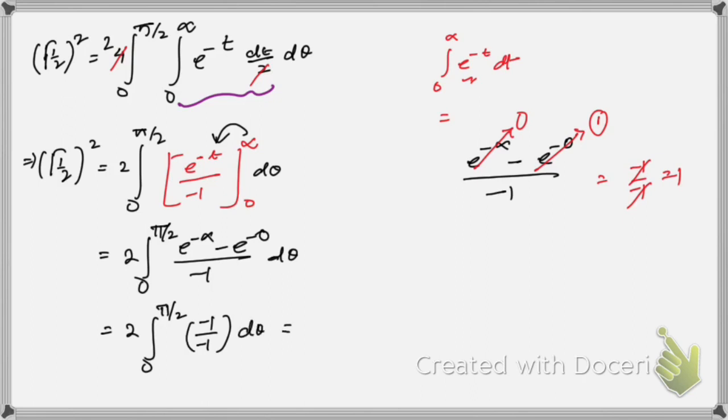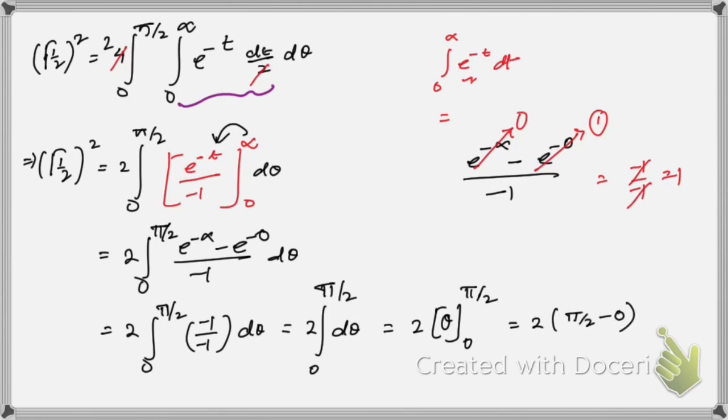So at the end we have got this d theta. Integrating d theta, we're going to get theta, and we are integrating it from 0 to pi by 2. And if you put the upper and lower limits, then you're going to have pi by 2 minus 0.